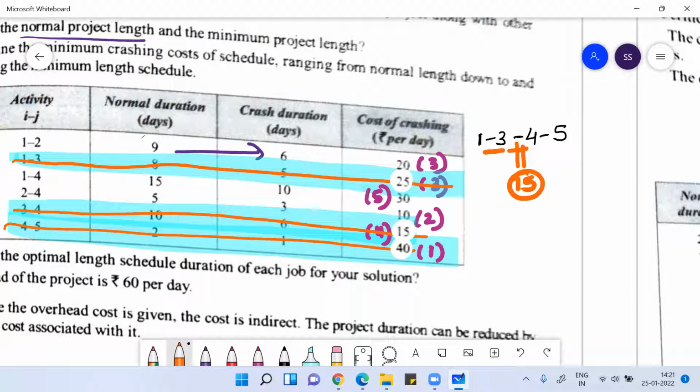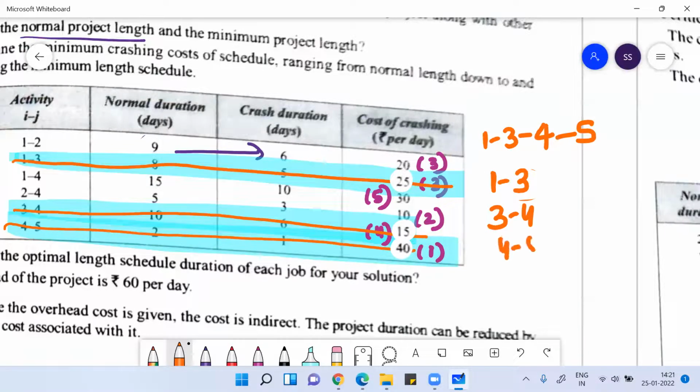Your critical path is 1 to 3, 3 to 4, and 4 to 5. Now, 1 to 3 costs 25 rupees per day. 3 to 4 costs 15 rupees per day. 4 to 5 costs 40 rupees per day.